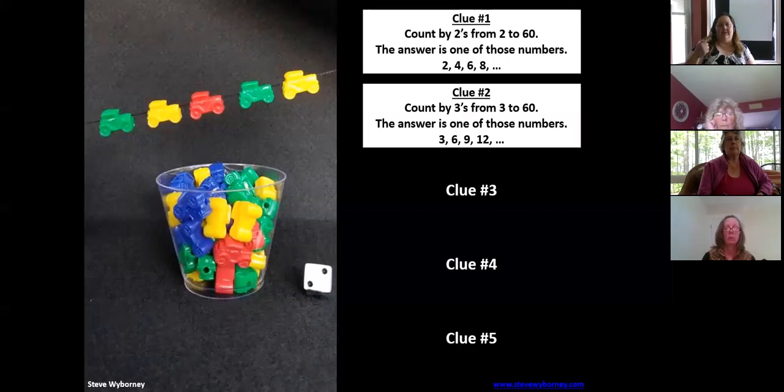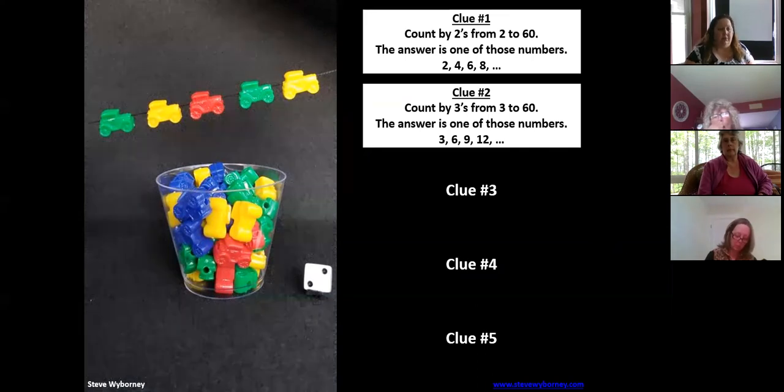So now I can start thinking about when numbers are both even and a multiple of 3, right? Like if I look at this list of counting by threes, I know it's not 3. It can't be 9 because those are not even numbers. So now I'm down to numbers like 6, 12, 18, 24.